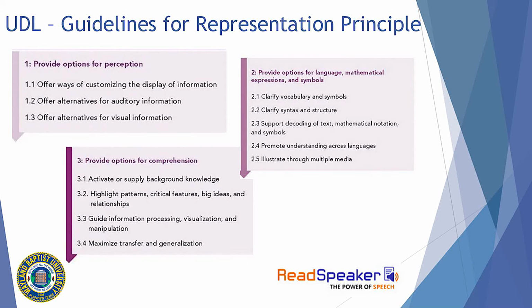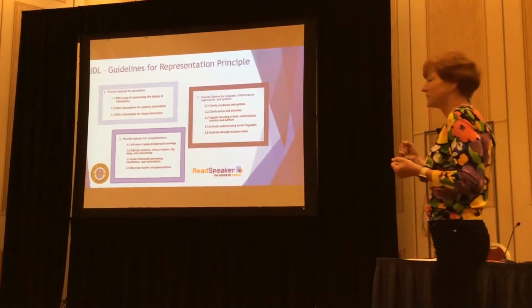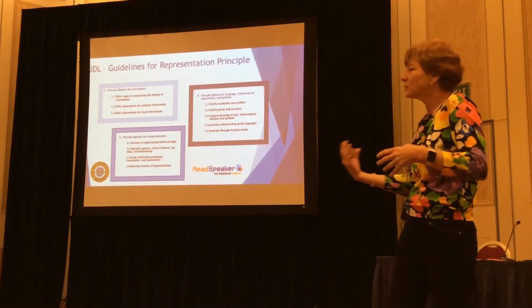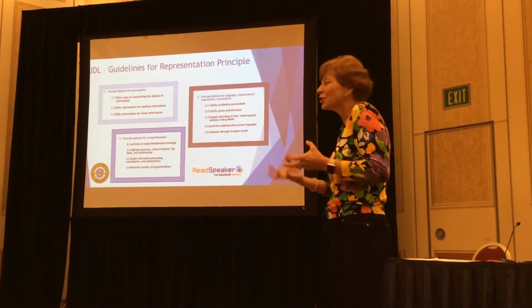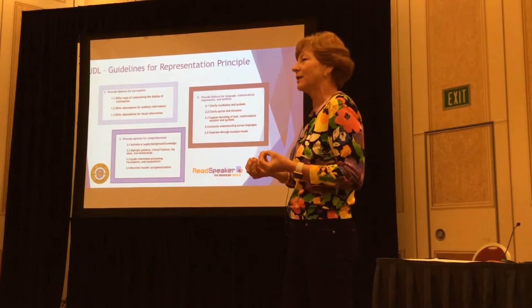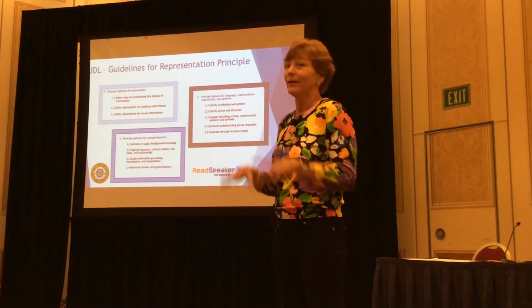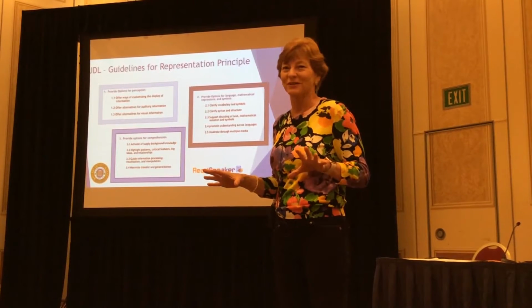If you've got something in audio, could you present it either exactly the same or a little bit different in text or some visual component? If you've got something that's visual, can you present it in some other way? So just looking at multiple alternatives for getting some of that information out there. You don't have to put everything in all different forms.